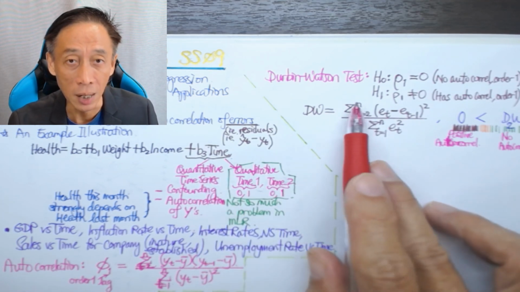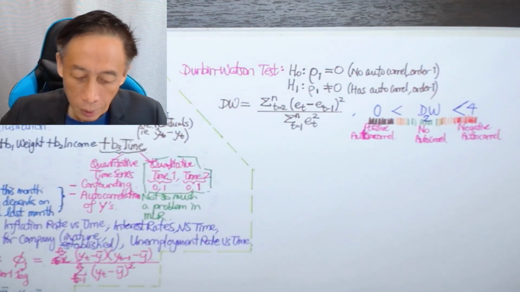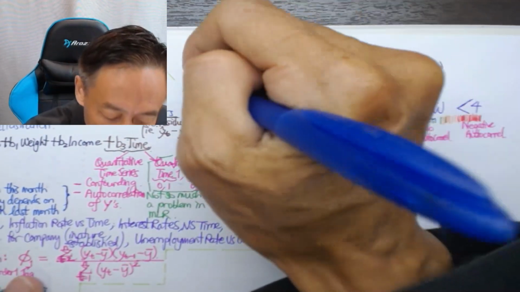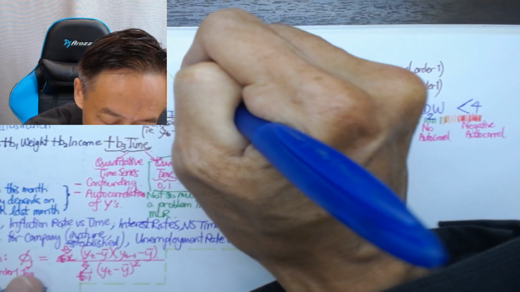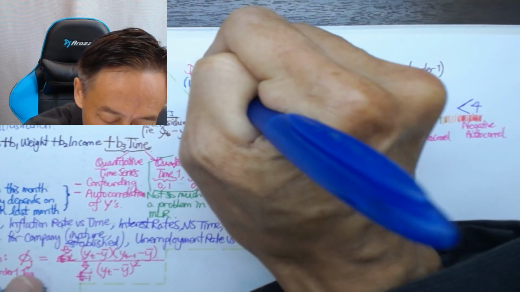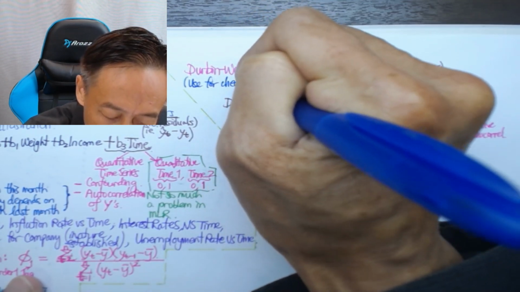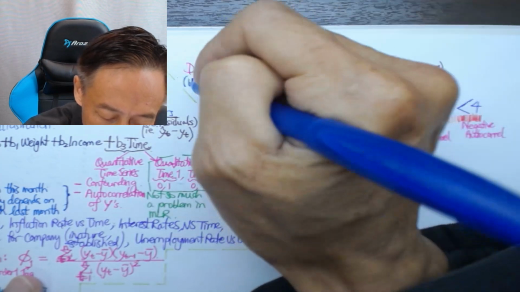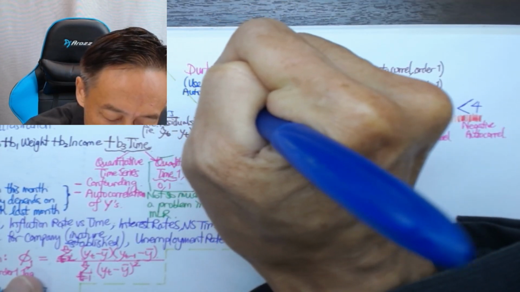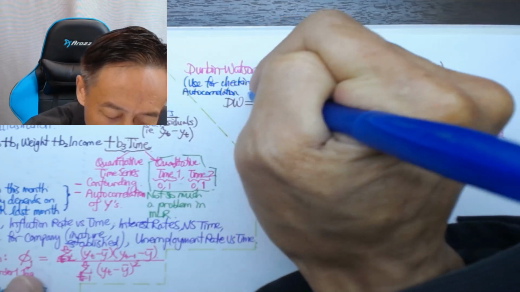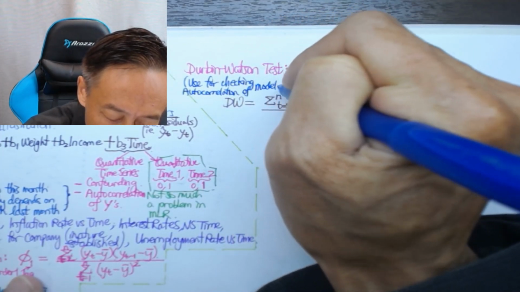Remember, the Durbin-Watson test is about the model. Okay, let's write that down. This test is for the model. So it's used for checking autocorrelation of model errors.